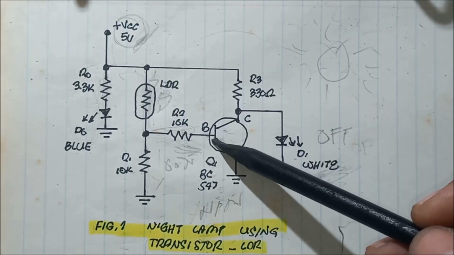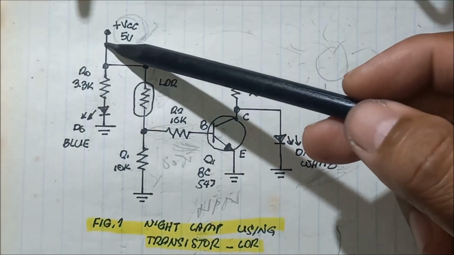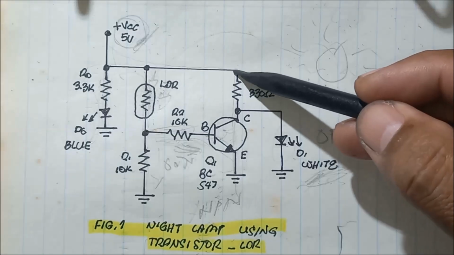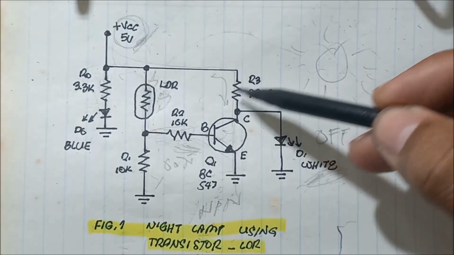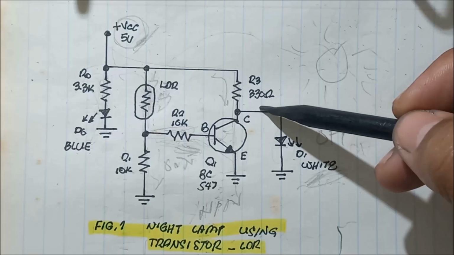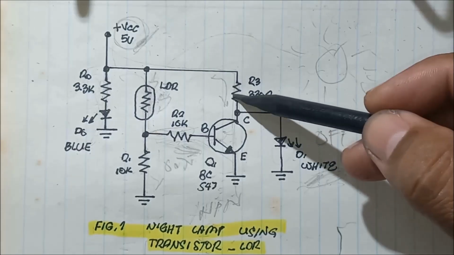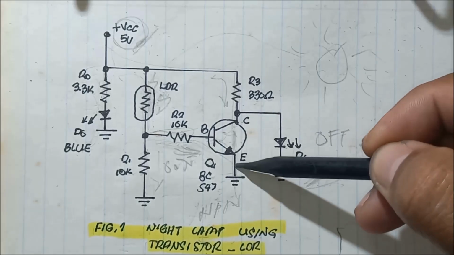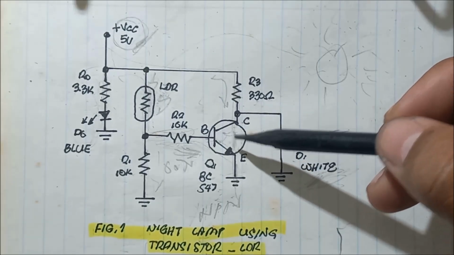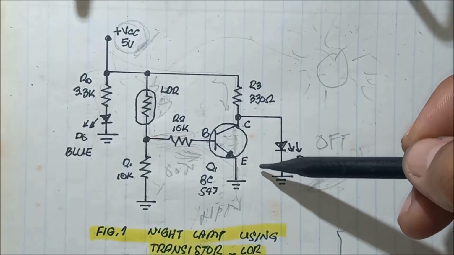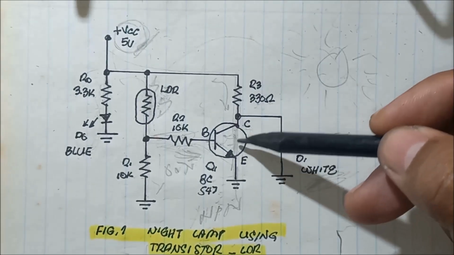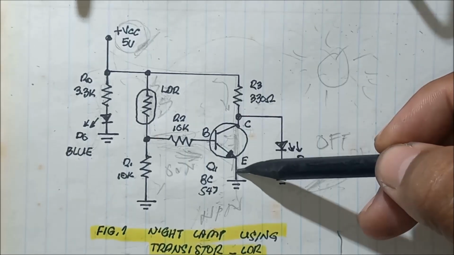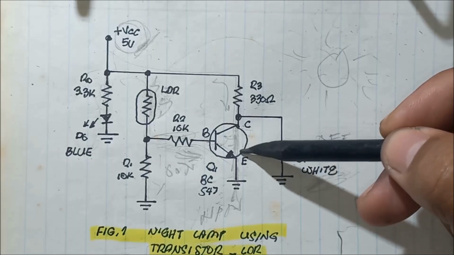So when this transistor switches on, the current flows into the output side, through the coupling resistor 330 ohms and then collector to emitter and to the ground. This transistor serves as a switch, just like a short switch. It will short the current to the ground through collector to emitter.